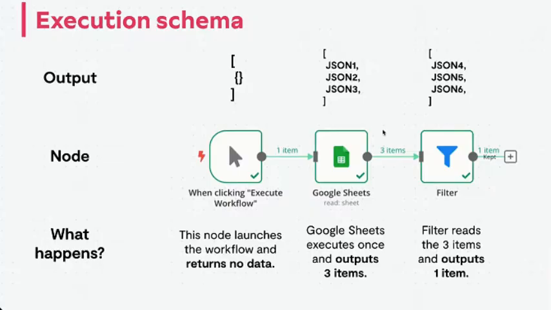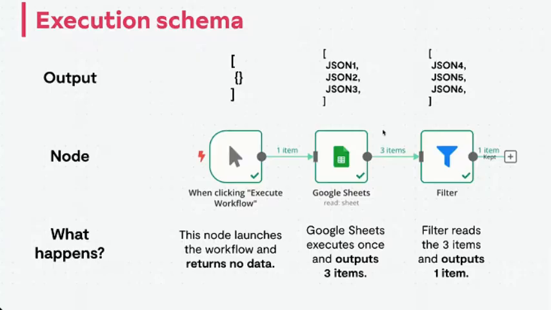To better understand how workflows actually work, here we have an execution schema of a very simple workflow. The workflow starts when clicking execute workflow, reads data from a Google Sheet, and then filters the items depending on specific conditions.